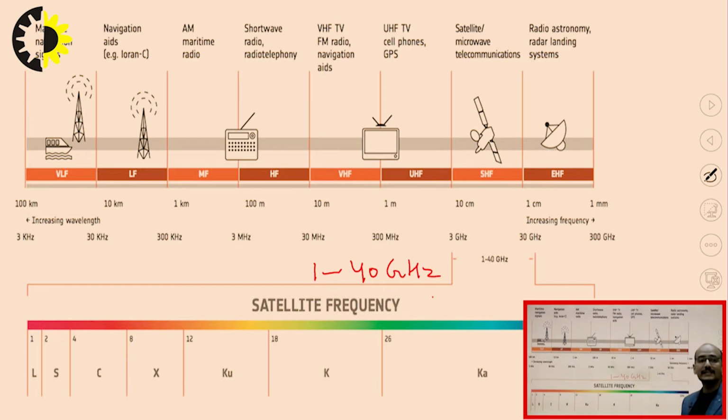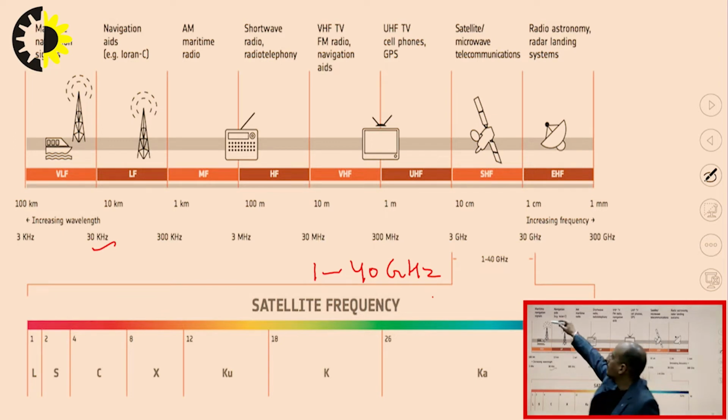You can easily understand that this complete frequency spectrum is divided into various frequency ranges. That is VLF, very low frequency, from 3 kilohertz to 30 kilohertz, used for maritime navigation signals.